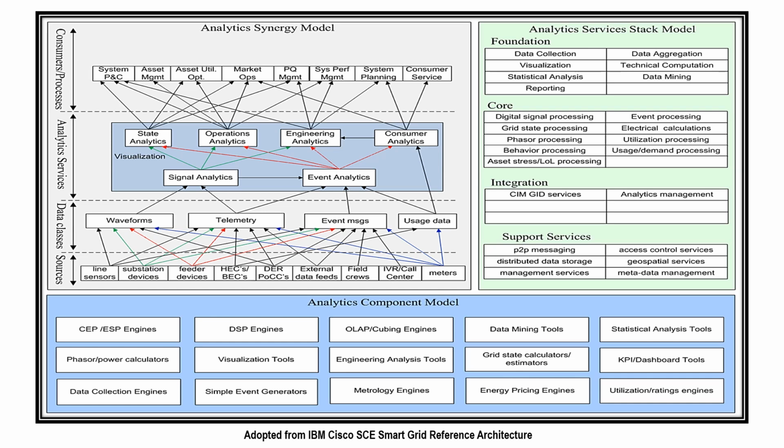And while doing so, it uses the services from the services stack and is realized through components which are illustrated in the component model. This model was built as part of the IBM, Cisco, and Southern California Edison smart grid reference architecture.